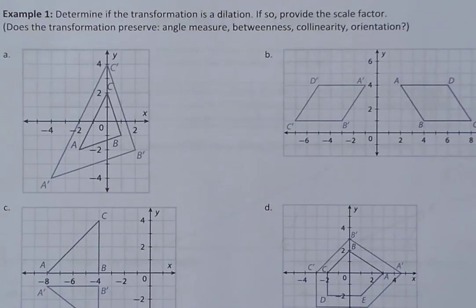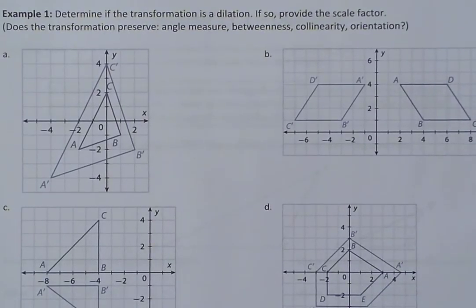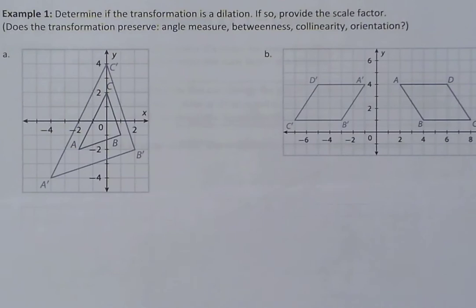Alright, example 1 is going to ask us to determine if the transformation is a dilation. If so, provide the scale factor. So, does the transformation preserve angle measure, betweenness, collinearity, and orientation?